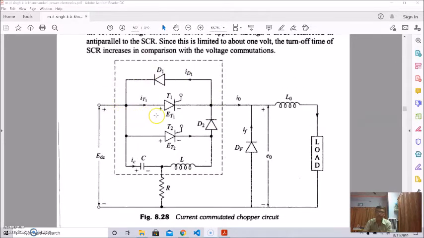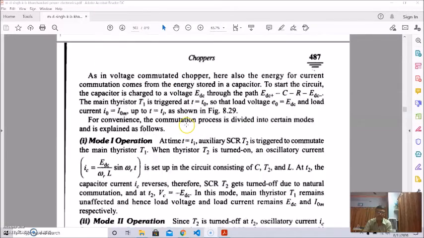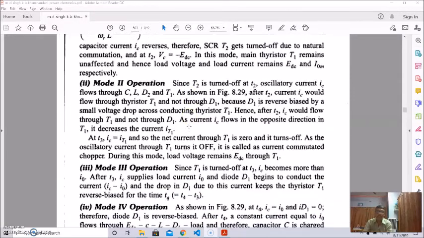The oscillatory current is flowing through this, and not through D1.